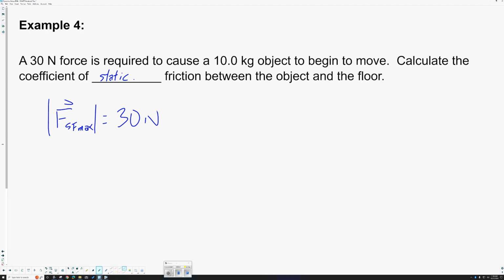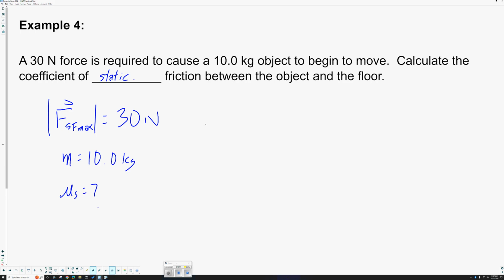Sometimes static friction was 2 or 10 or 20 or 29. Static friction is not always this value. This is just the maximum possible value. Now I got a mass here of 10 kilograms, and I'm looking for the coefficient of static friction, mu s.